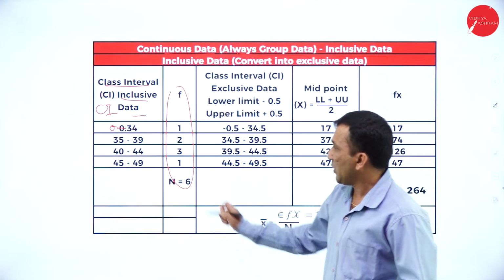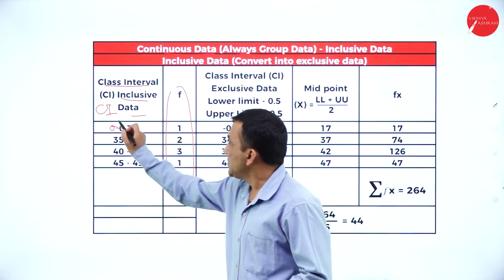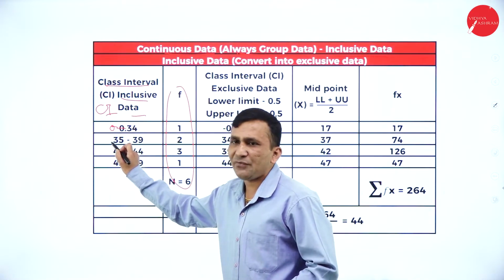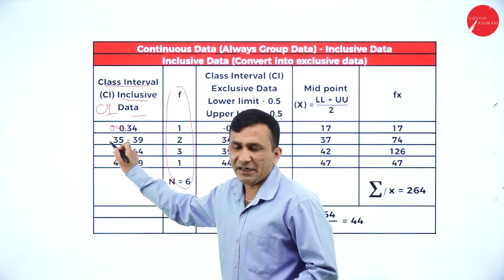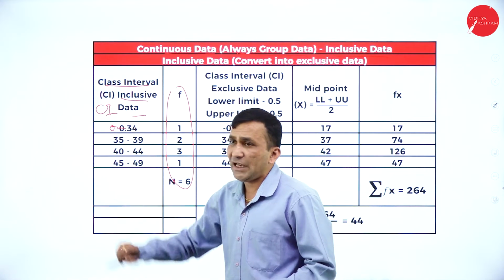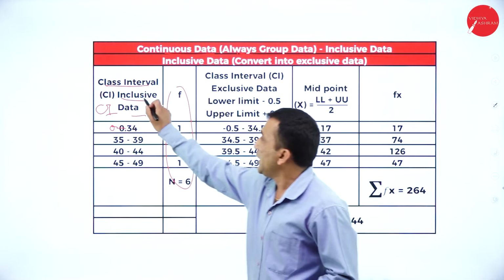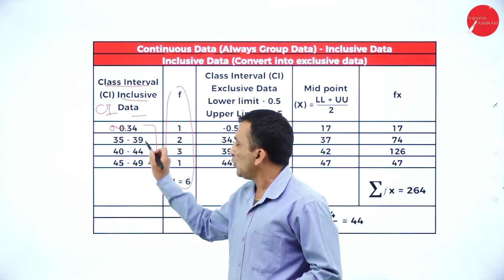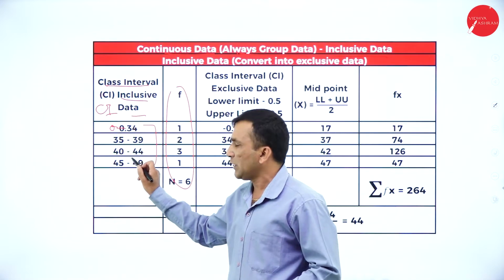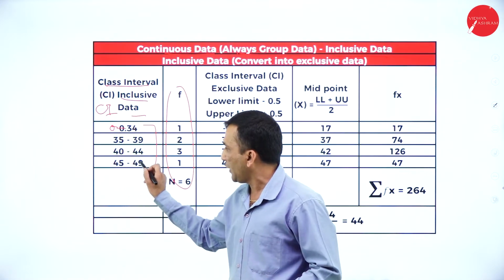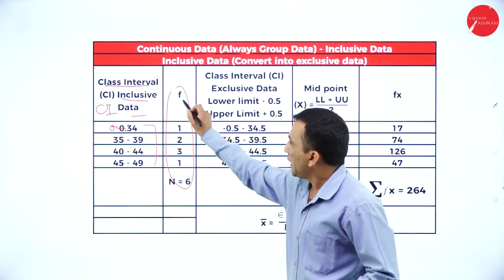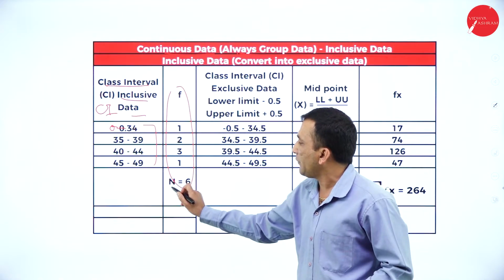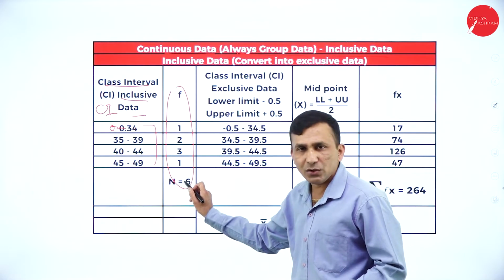Once again I am repeating, for 0 to 34, the upper limit is not carried to the second class as its lower limit, so it does not come under the exclusive category, it is inclusive. There are 4 classes given: 0 to 34, 35 to 39, 40 to 44, 45 to 49. Each class has a frequency. If you take them together, we get capital N is equal to 6.